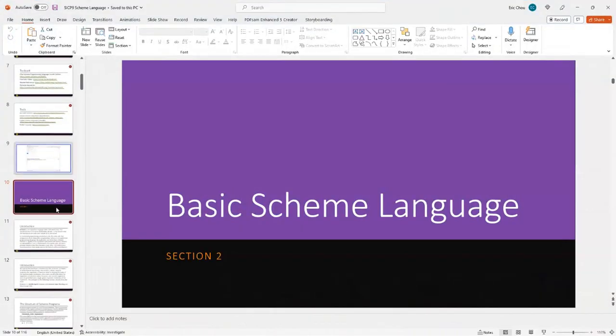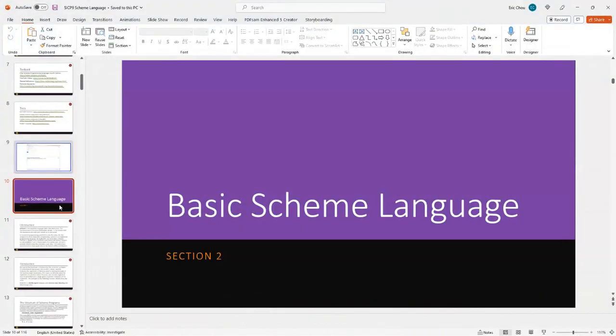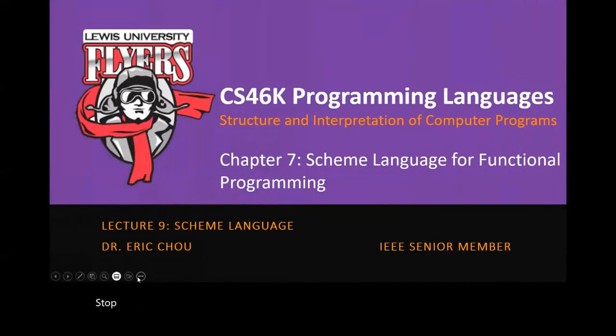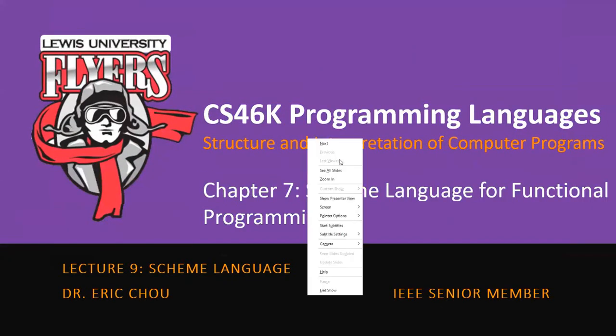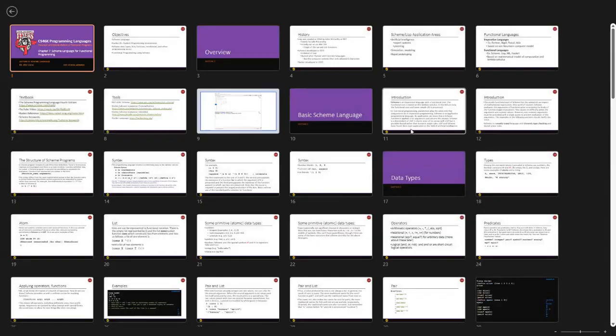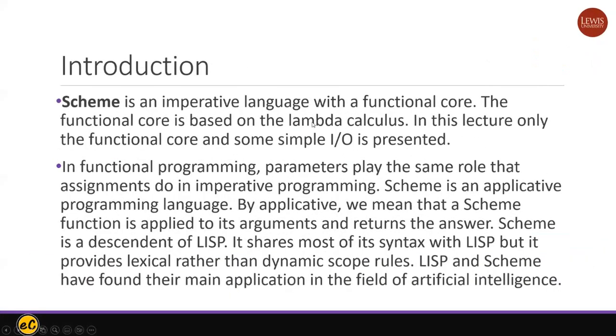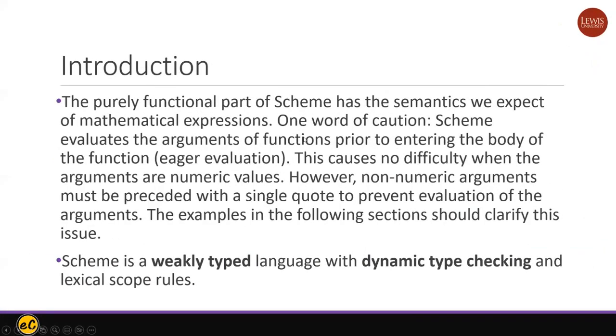Okay, let's actually look at the basic language now. That's the editor issue we finished. Let's look at the language now. Whatever, we don't have time to read this. It's a weakly typed language with dynamic type checking.